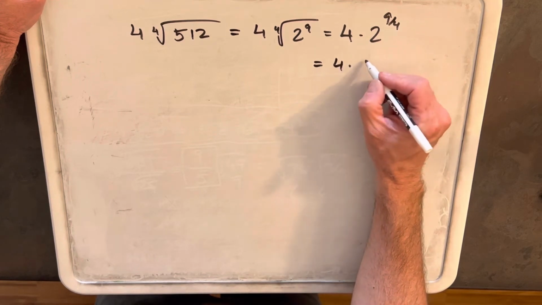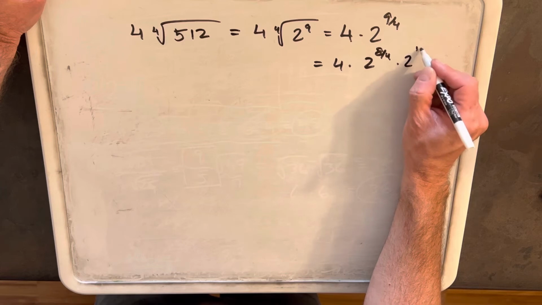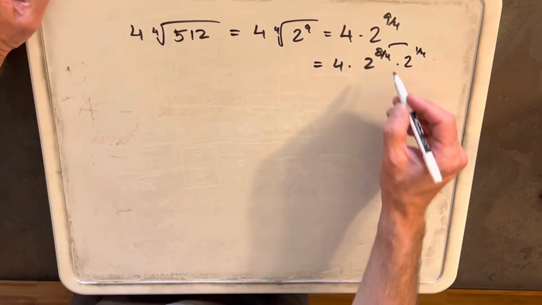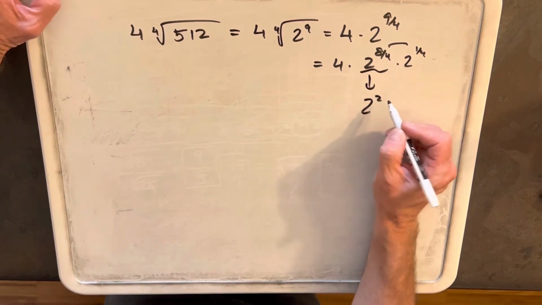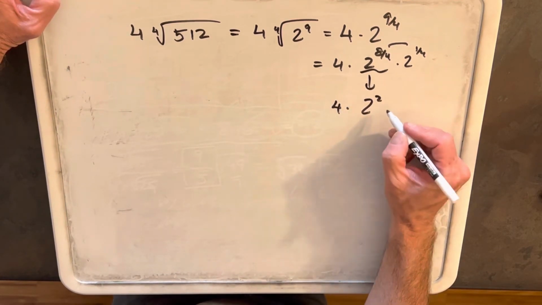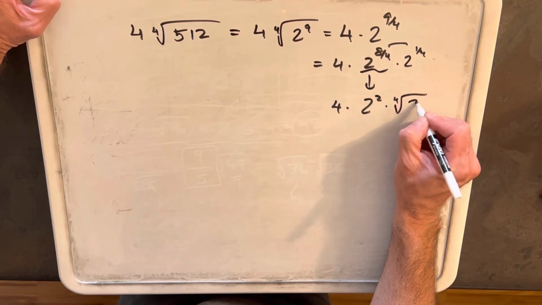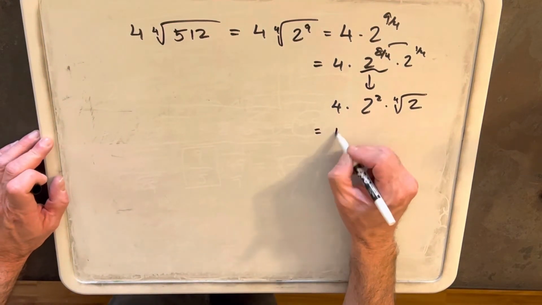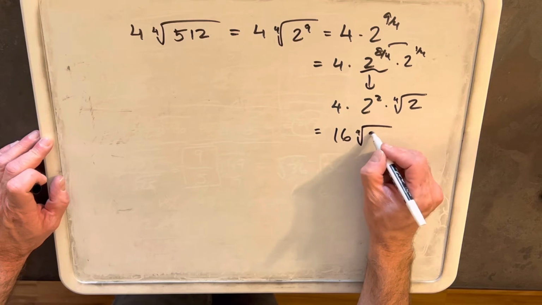Actually, I like to write it as 2 to the 8/4 times 2 to the 1/4, right? Because when you multiply them, these add together. But then this one right here is just 2 squared, reducing that fraction. And we'll put the radical back on this one. So in the end, we've got 16 times the 4th root of 2.